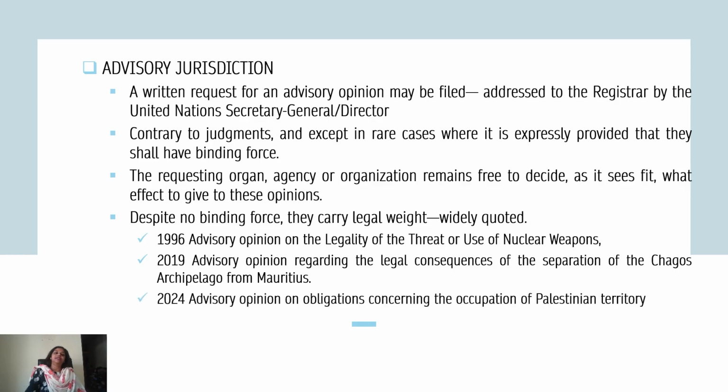Then there is the recent 2024 advisory opinion on obligations concerning the occupation of Palestinian territory. I would advise all our viewers to go to the official website of the International Court of Justice and look at a few advisory opinions given by it. If possible, find these advisory opinions and have a look at how they are.